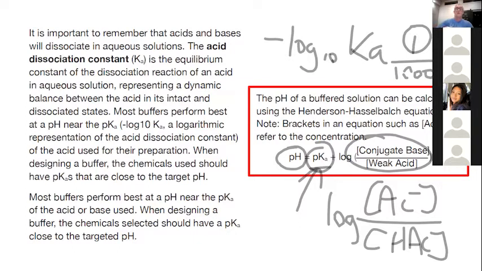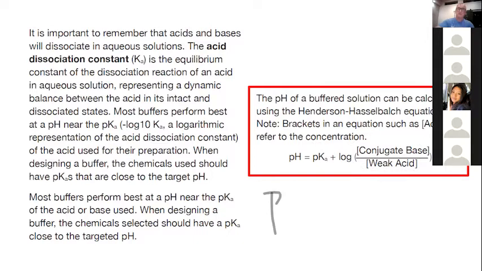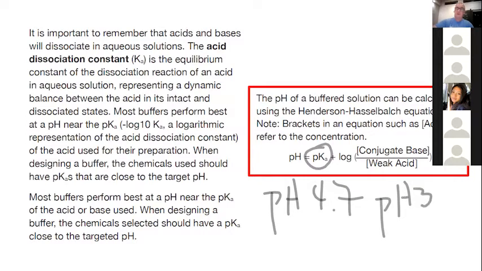So tonight, we're going to be making buffers of pH 4.7, which is pretty much where the pKa is. So that's right in the sweet spot of where this buffer system should work. And then we're going to go 1 log unit above and 1 log unit below. So we're also going to make a buffer at pH 3.7 and pH 5.7.